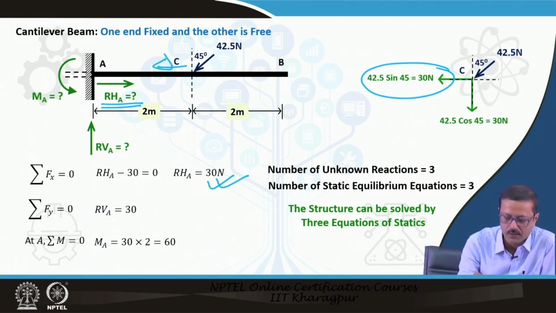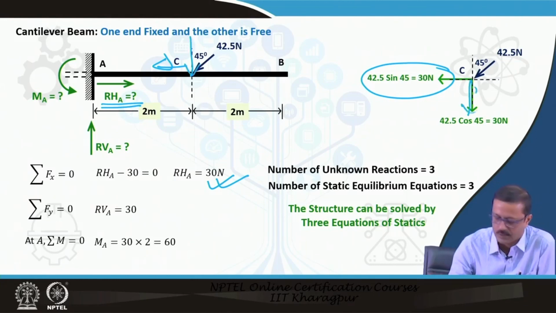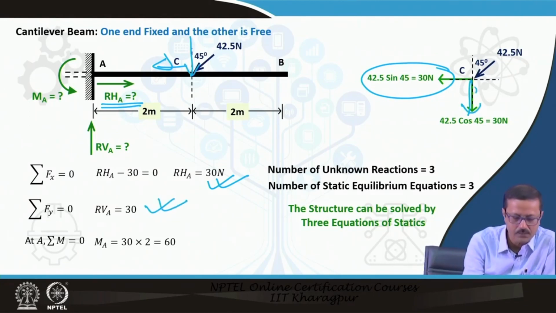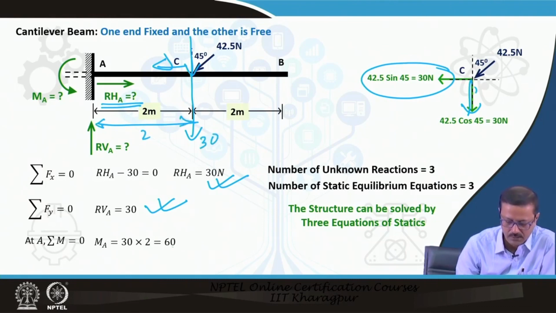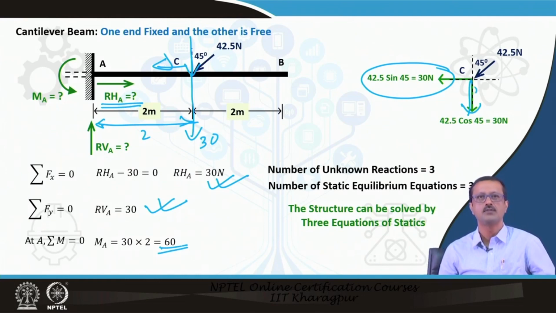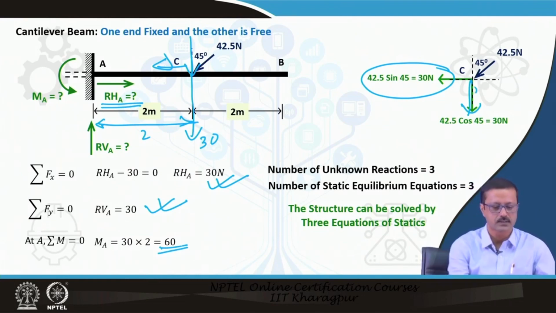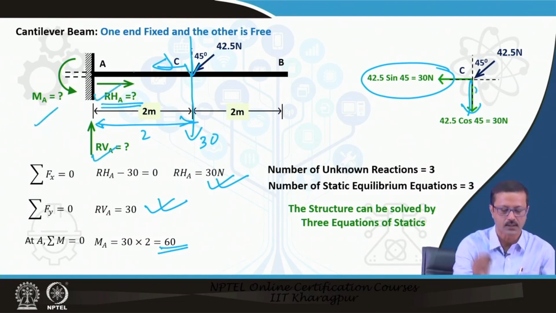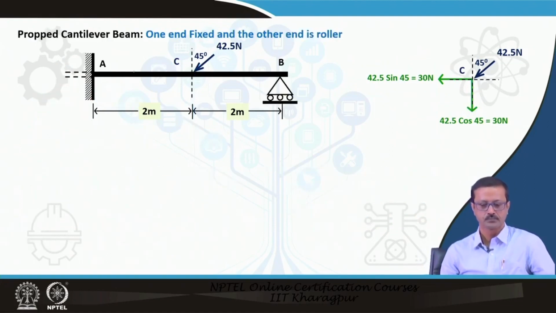RVA must be equal to this force, 30, this is fine. And the moment is also fine because the force is 30 and the distance between them is 2, so 30 into 2 equals 60. So, these 3 equations can be used to find these 3 unknown values.